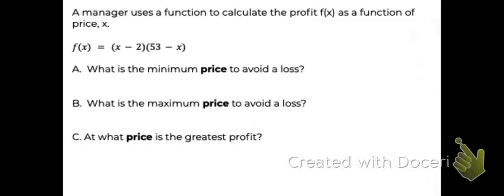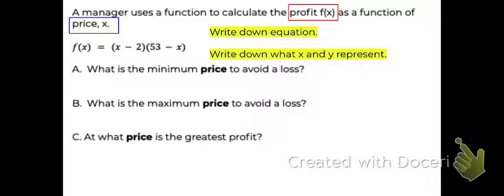So on my scrap paper, I would write down the equation and I would write down what x and y represent. I would actually draw myself my graph and I would label the x-axis with price and I would label the y-axis with profit. Then I would graph it to see what it looks like.